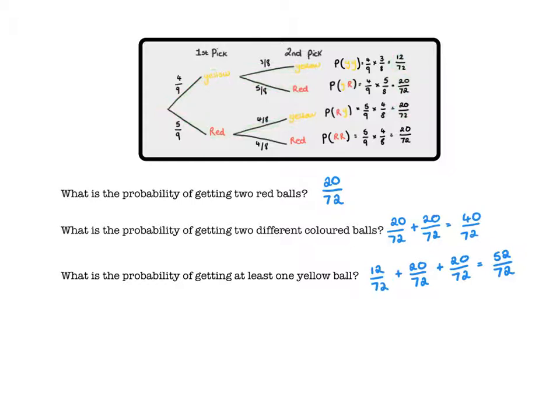The other way you can do this, and probably is quicker, is to find the probability of getting red and red, which is 20 over 72, and then subtract that from 1, and you'll get the same answer. So you'll still get 52 over 72.